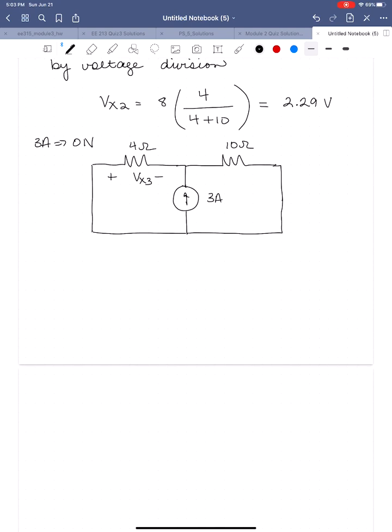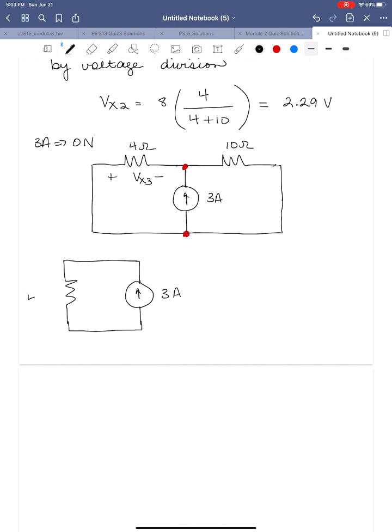Okay, and I'm going to do some simplification here because between these 2 nodes, here and here, I have the 2 resistors in parallel. And so when I simplify that circuit down, I will have one resistor and my current source. So here's 3 amps.